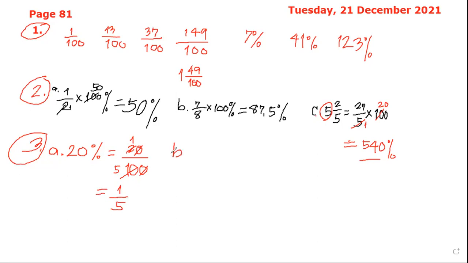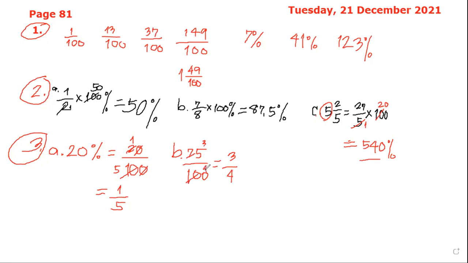All right, letter B, 75%. So that is 75 over 100. Lowest term. 3 over 4. By 25 is 3, by 25 is 4.